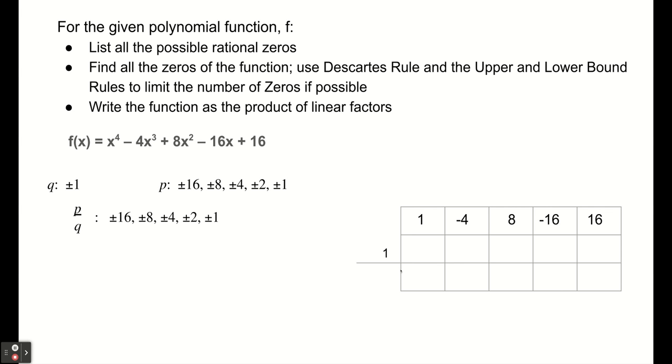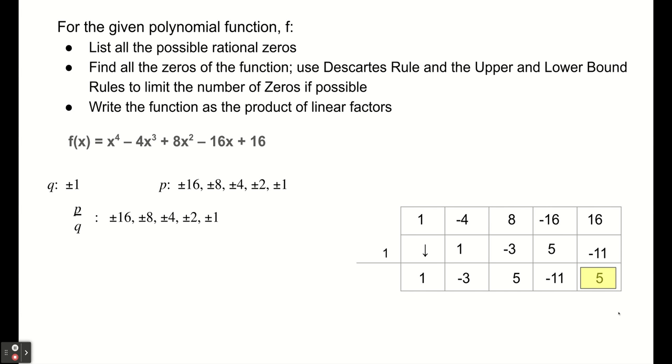How synthetic division works, we just bring this straight down. Now we multiply these two together, and then we add, multiplying -3 times 1, adding. We continue this process. -11 times 1 is -11, and this has a remainder of 5.